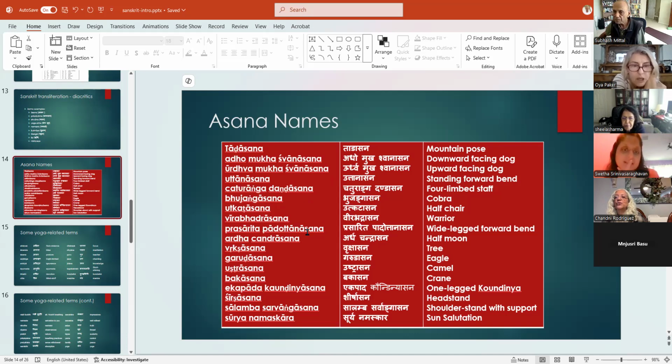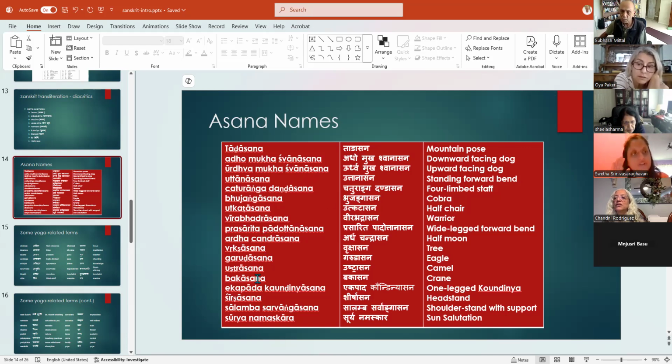No, this is Shwanasana. Shwan is a dog. Adho Mukha Shwanasana, downward facing dog.